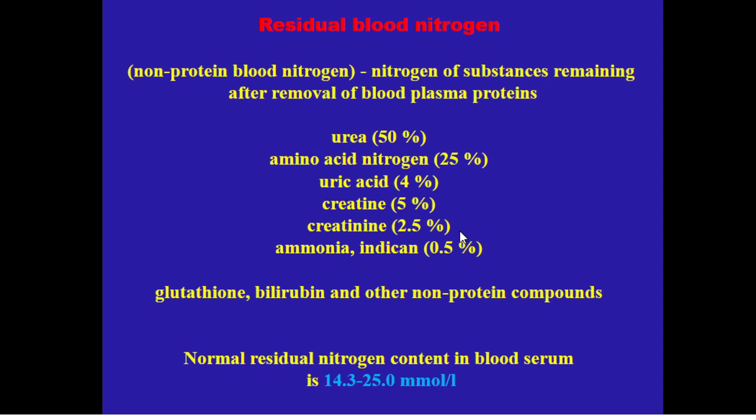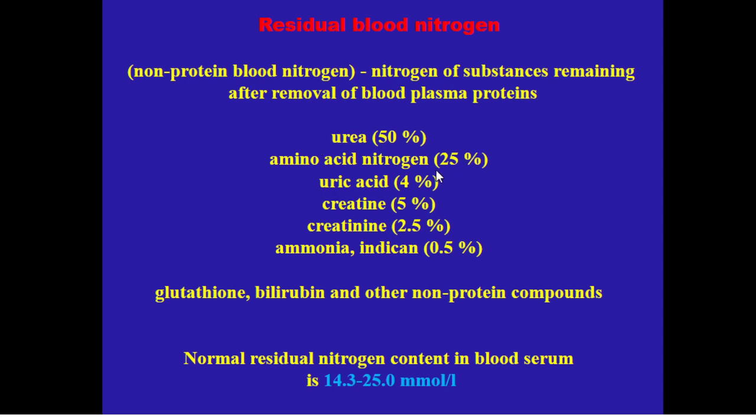Everything that remains in the blood serum after precipitation of protein, meaning except protein, is named residual nitrogen. I told about residual nitrogen in my lecture about the urea cycle, but whoever did not write it down, please write now that all non-protein blood nitrogen is named residual, remaining after removal of blood plasma protein. The most important component of residual nitrogen is urea.